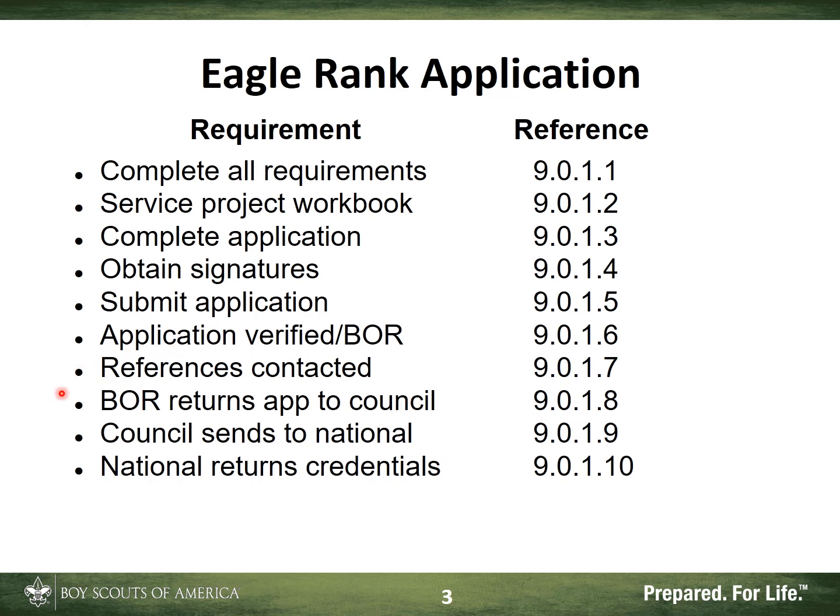That application and checklist goes to council. We enter the information into a computer system for most of the scouts. The scouts that are over 18 and are no longer registered, we have to do by hand, but if they're registered, we submit it through a computer system. National returns the credentials to council, and then council sends them to the scout with some additional information. So that's, at a high level, what the process is.